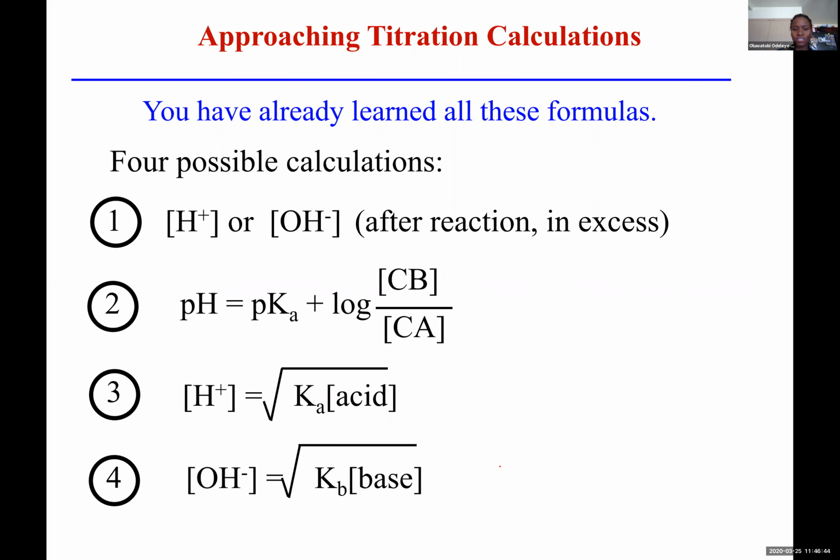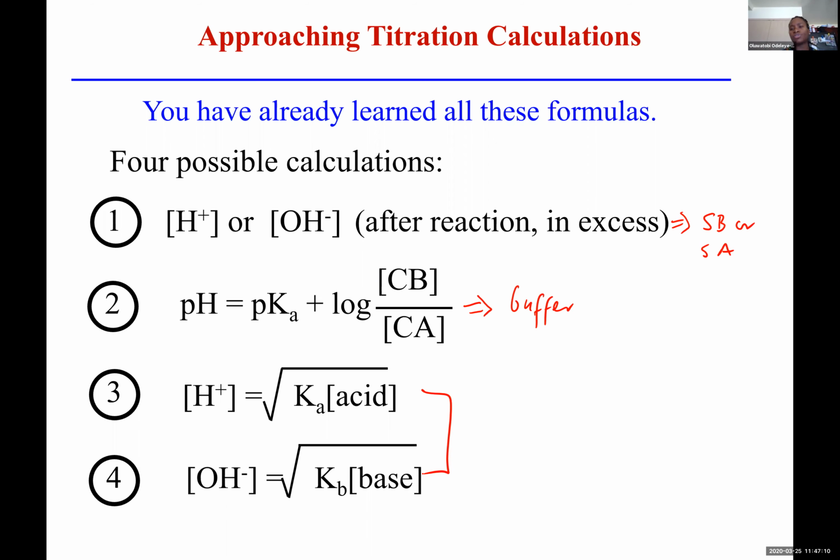Here are the equations. The first equation you would use if you had a strong base or a strong acid left. Okay, so you do your analysis, you have your final solution. If you're left with a strong acid or a strong base, you can literally use your hydrogen ion concentration or OH ion concentration to figure out the pH. You would use this if you had a buffer solution left. Okay, Henderson-Hasselbalch equation.